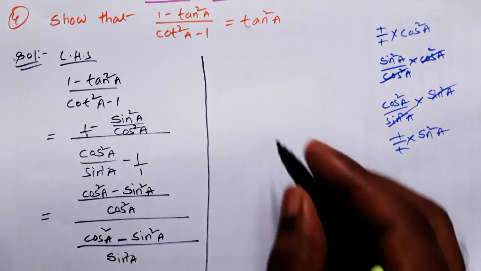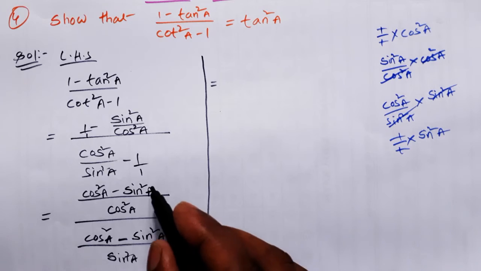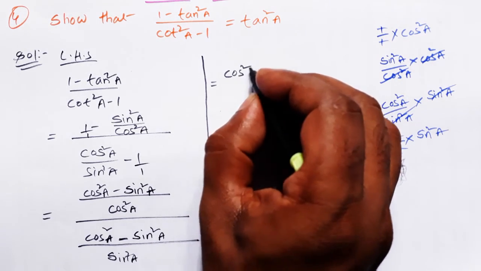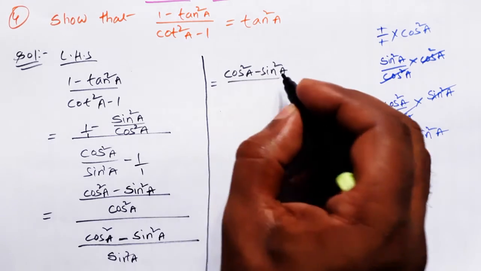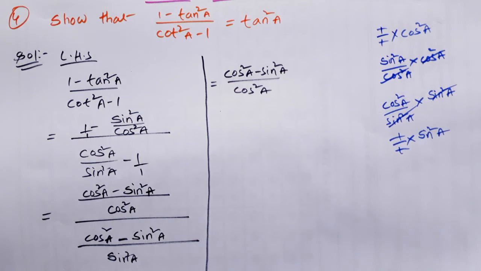Now that is equal to the numerator as it is. What do we have in the numerator? Cos square A minus sin square A divided by cos square A. That is the numerator value.